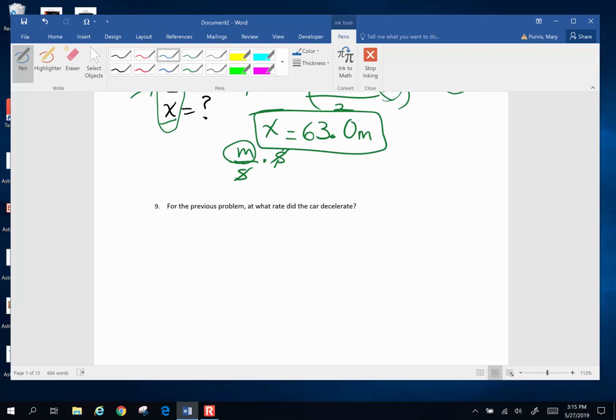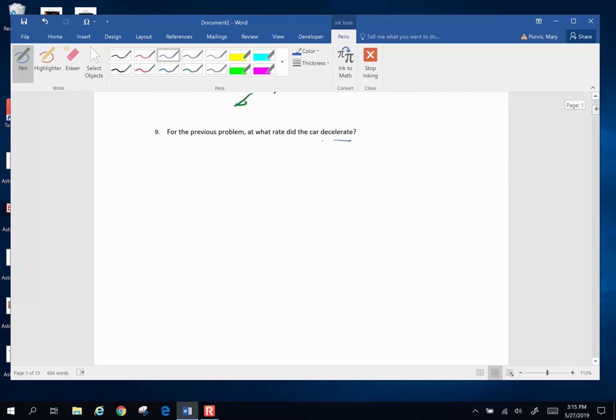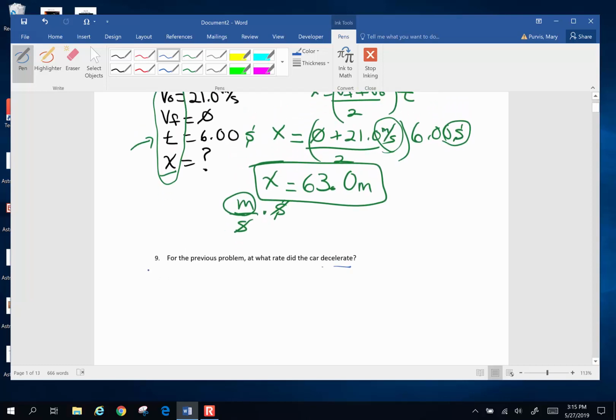And number 9 says this: for the previous problem, at what rate did the car decelerate? So let's go through and look at that. We have all of the same variables that we had above, and if you recall, we have no equations in physics for deceleration. So what I'm looking for is acceleration, but because it's slowing, I'm going to probably end up with a negative number for my acceleration.